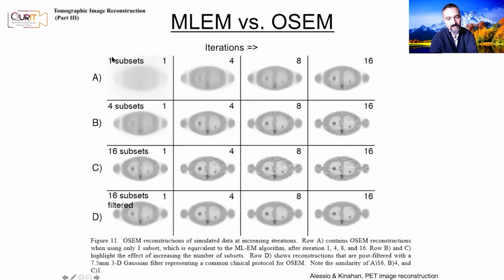So here's an image showing the results of iterations. With MLEM, meaning you don't do subsets, you just do one big, huge subset, as you iterate 4 times, 8 times, 16 times, this is what you get.